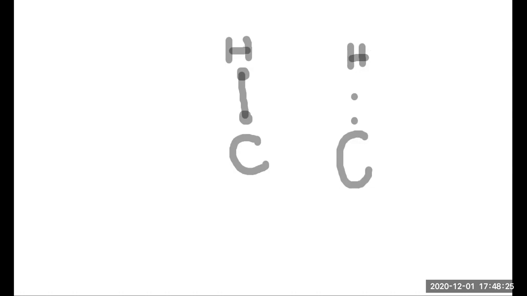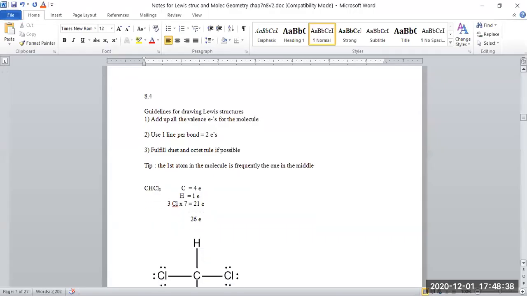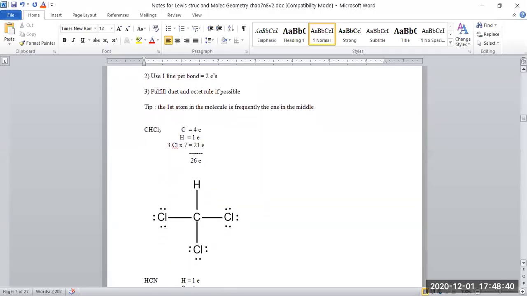All right, let me go back to better looking pictures than my horrid attempt to use the whiteboard. All right. So let's have a look at a molecule that involves a carbon to hydrogen bond. We have a molecule here that has 1 carbon, 1 hydrogen, and 3 chlorines.